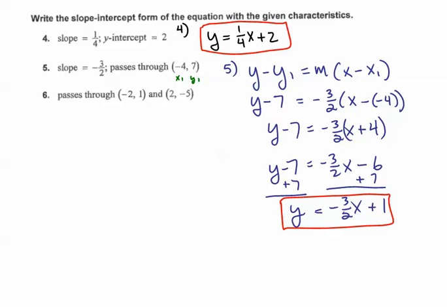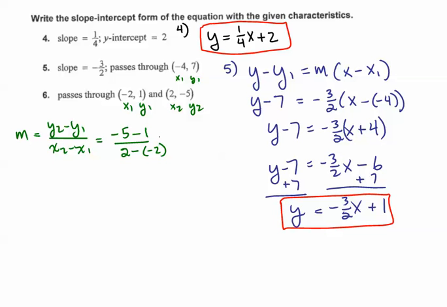With problem number 6, we have 2 points, so we're going to label them x1, y1, x2, y2, and first find a slope. y2 minus y1 over x2 minus x1. y2, negative 5 minus y1 of 1, over x2 is 2 minus x1 of negative 2, and negative 6 over 4, which is a slope of negative 3/2.